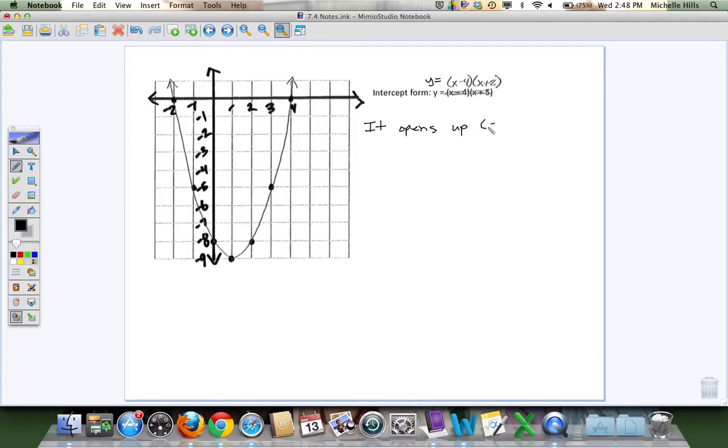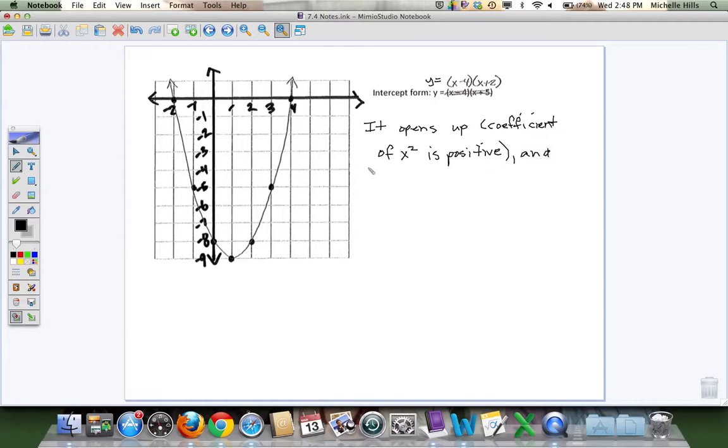and the coefficient of x squared is positive. It doesn't have a stretch or shrink factor because the coefficient of x squared is 1.